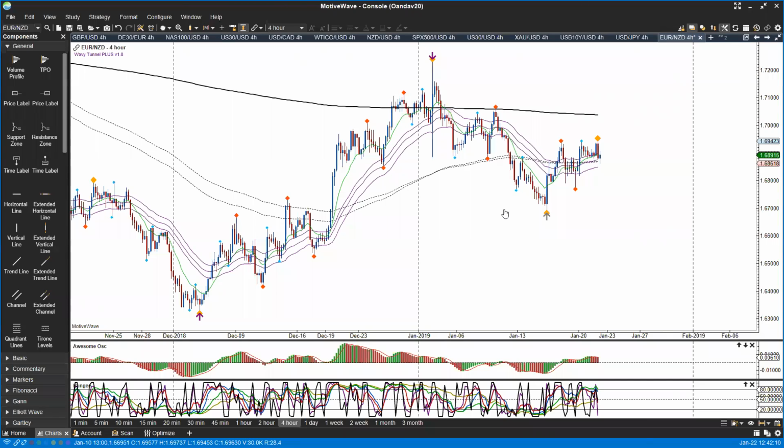Ideally, if you can map out your wave count, and you've labeled your waves 1, 2, 3, and you're waiting for a wave 4, you know that you're expecting a PW fill the gap trade. If it helps you to do it that way, then by all means do it that way. But I urge you to look at some of your more complex corrections and just see how the wavy tunnel plays itself out with the more complex corrections.